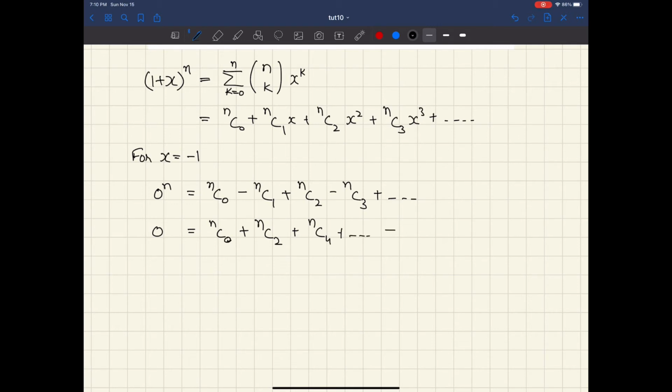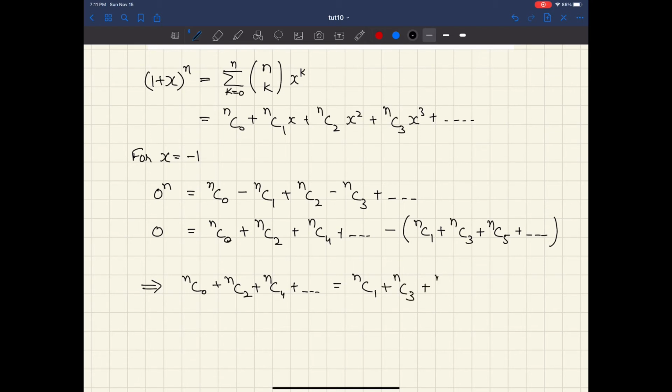On one side we have nC0 plus nC2 plus nC4, and so on, minus nC1 plus nC3 plus nC5 and so on. Now rearranging this equation, taking the negative terms on the other side, we get nC0 plus nC2 plus nC4 is equal to nC1 plus nC3 plus nC5 and so on, which is exactly what we were asked.